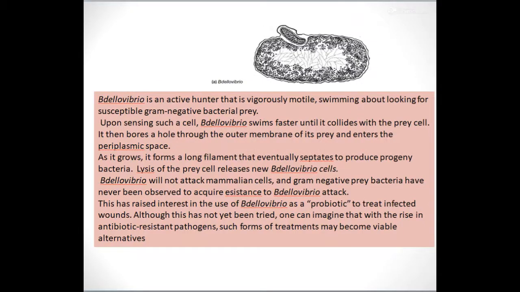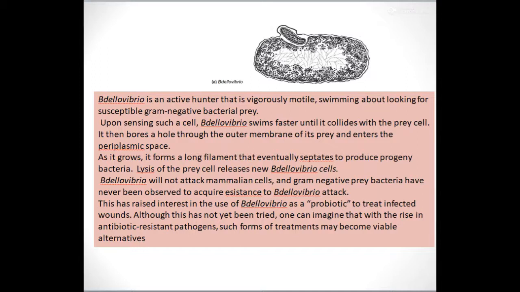Now, in the case of Bdellovibrio, it is an active hunter which is highly motile, and it will swim looking for susceptible gram-negative bacterial prey. You should remember that Bdellovibrio usually attacks only gram-negative bacteria.